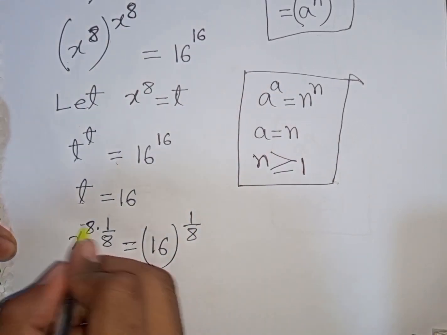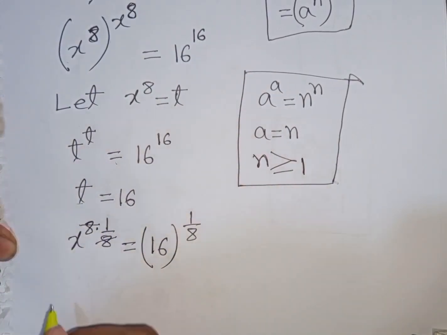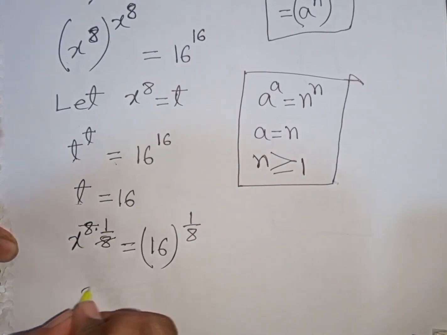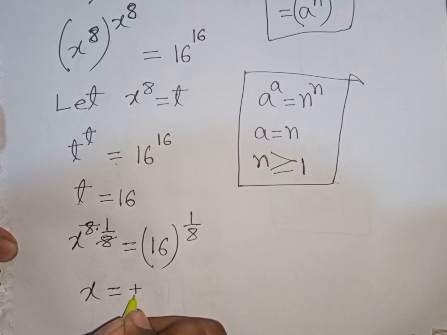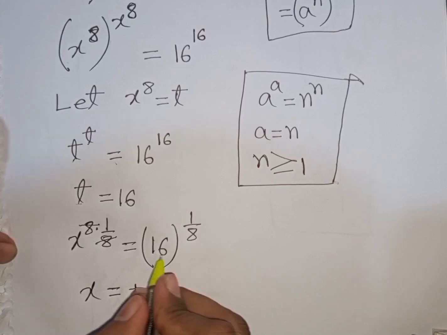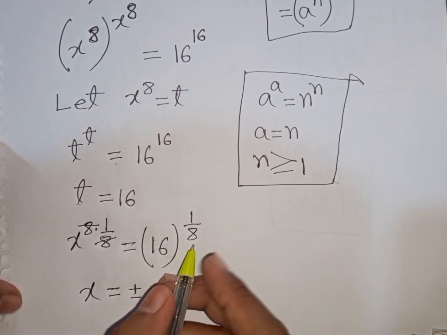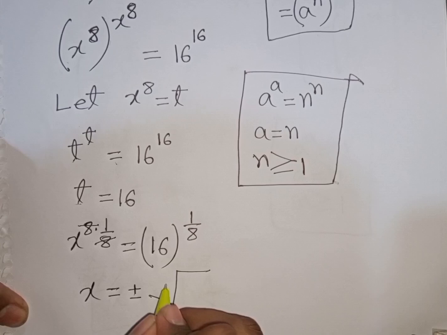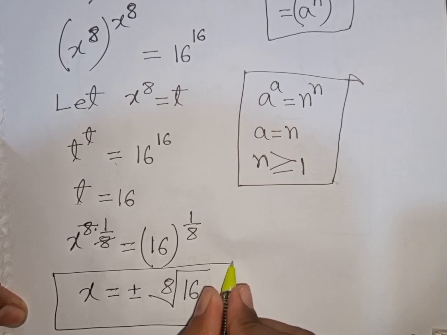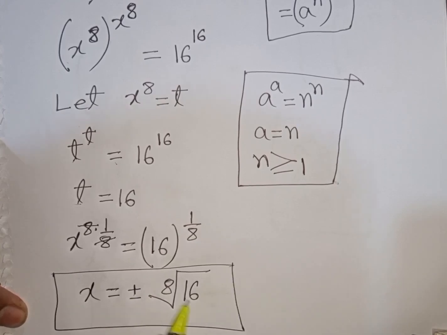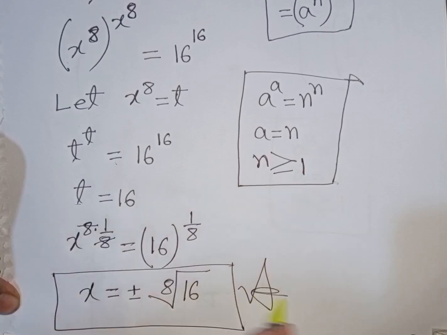Now we see this 8 will be cancelled. So x^1, which is the same as x, is equal to plus or minus 16^(1/8), which can be written as the 8th root of 16. So plus or minus the 8th root of 16. This is the value of x. So this is our final answer.